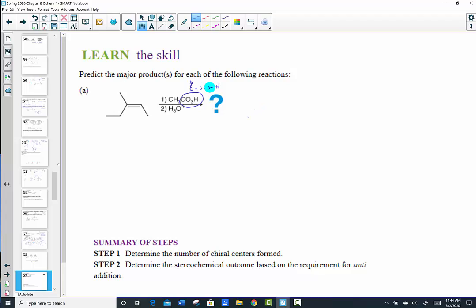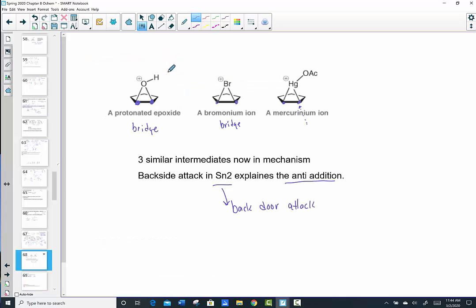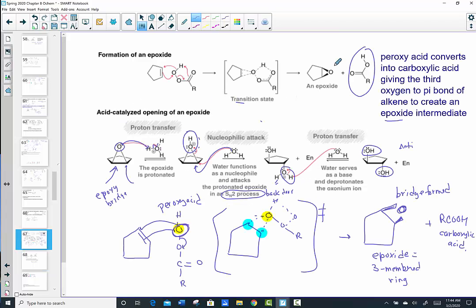And so when you redraw this structure, thinking about intermediates, the carbons form this epoxide intermediate. That's this guy right here, the protonated version, which will happen in the next step. So remember the mechanism. You first form the epoxide, and then it begins to protonate in the acid catalyzed opening of the ring. And that's exactly what happens.